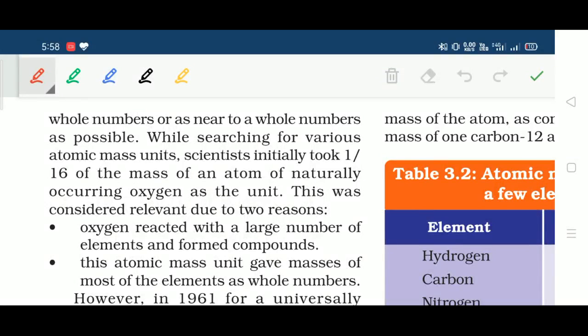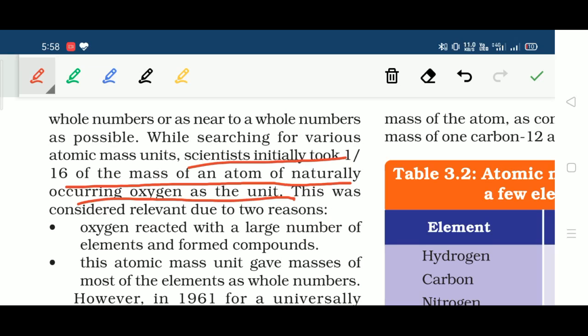Students, scientists initially took 1/16th of the mass of an atom of oxygen as one atomic mass unit. That means in the beginning, one atomic mass unit was 1/16th of the mass of an oxygen atom. And this was considered relevant at that time due to two reasons.